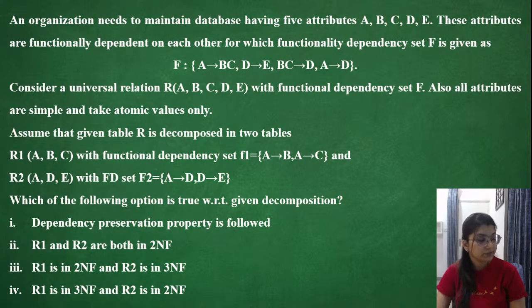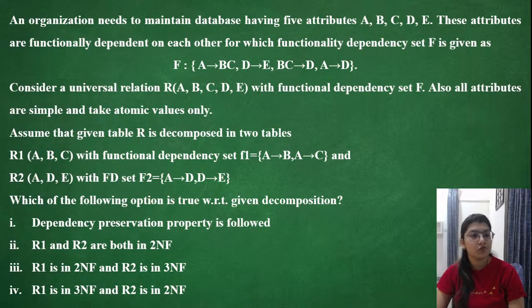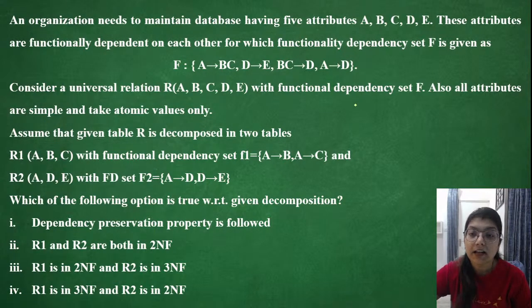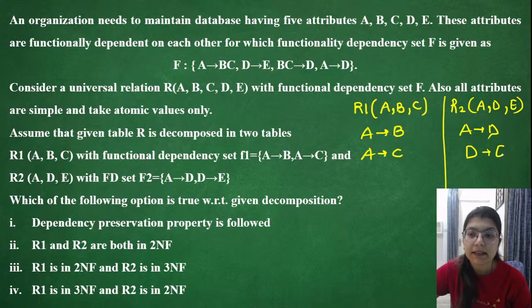Yes, what answer is coming for this, everyone? So R1 has the attributes A, B and C, and R2 has the attributes A, D and E. R1 has dependencies A determines B and A determines C, and R2 has A determines D and D determines E. First we will find the candidate key of R1.